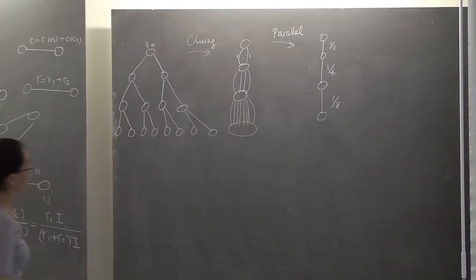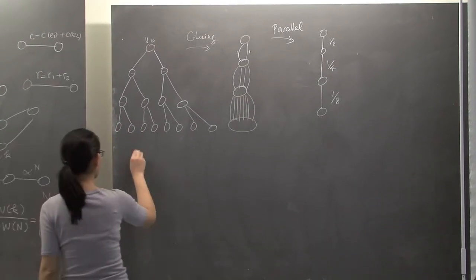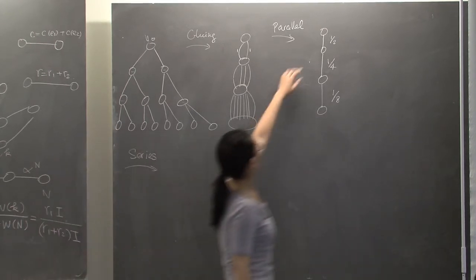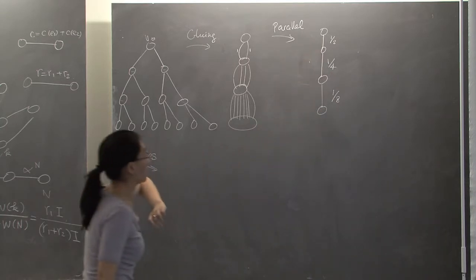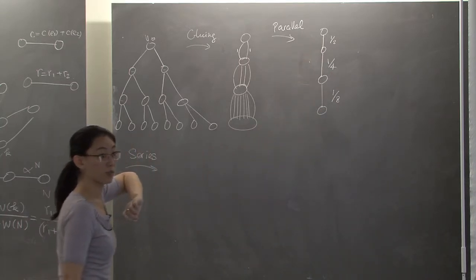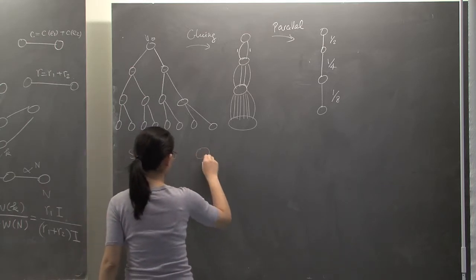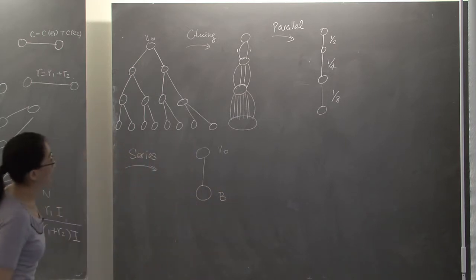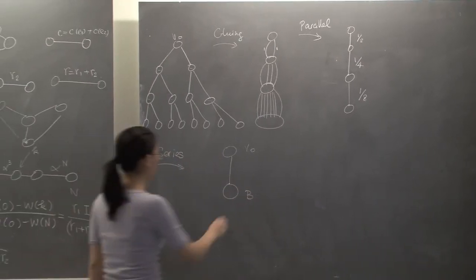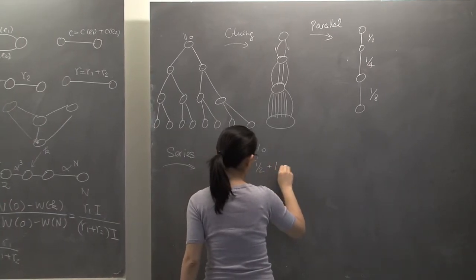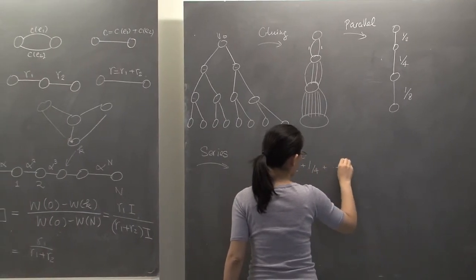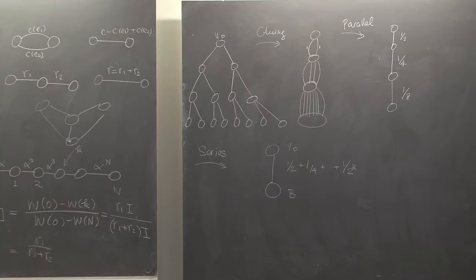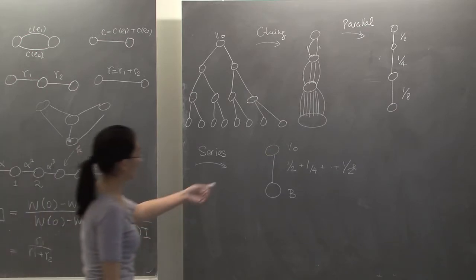And then here we can apply the series law. So this pair of edges can be replaced by 1 edge, and the resistance is the sum of the 2. And then we repeat the same procedure. What we see is these edges can be replaced by 1 edge, and the resistance is 1/2 plus 1/4 plus up to 1/2^k.